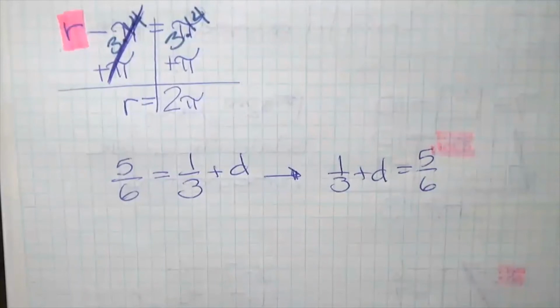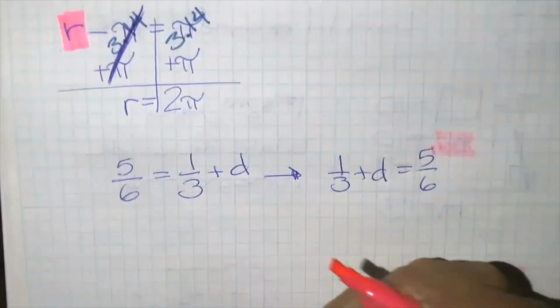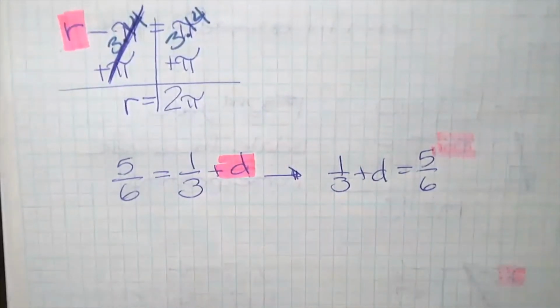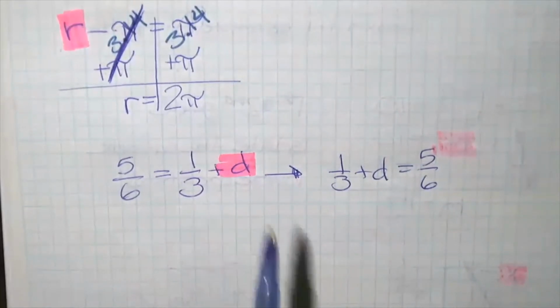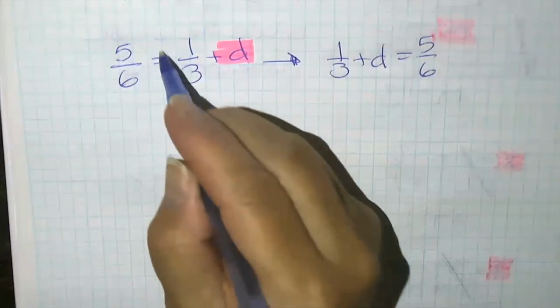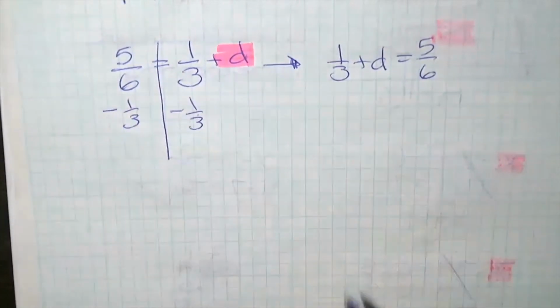So let's follow the same rules. We need to isolate the variable, which means I need to get rid of this positive 1/3. So I'm going to subtract 1/3. What I do to one side, I must do to the other.